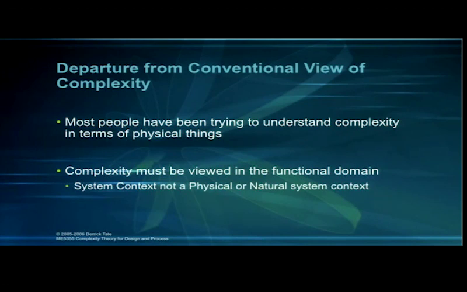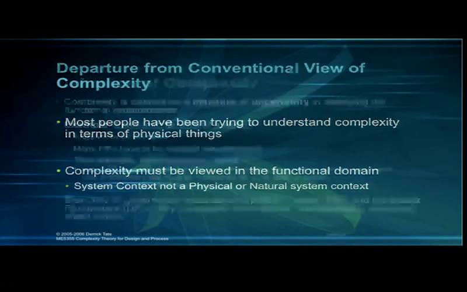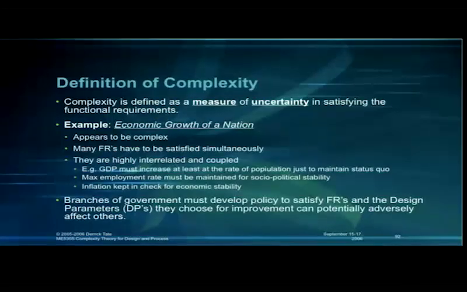It's not like I look at that airplane and go, that's complex. It's not the same thing. It's about how the functions are tied together that I have to understand to make it less complex than it is, or to figure out if it's important for me to go fix it. That's the difference. All the work we're doing is in the functional domain, never in the actual physical domain. That's a key component for figuring out how you deal with complexity.